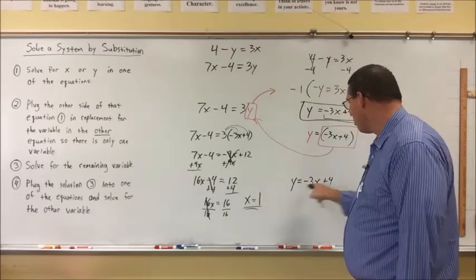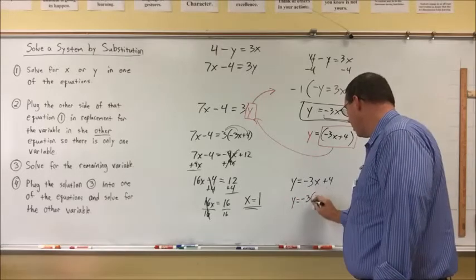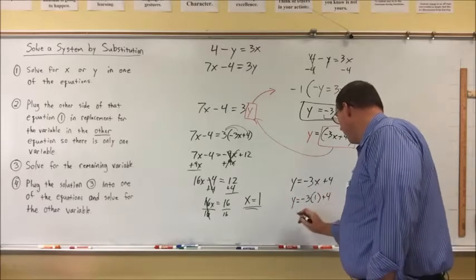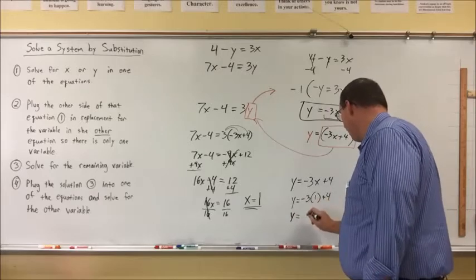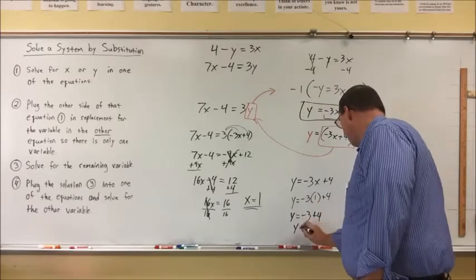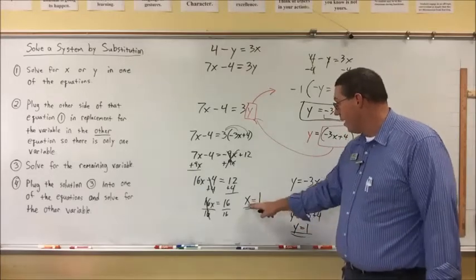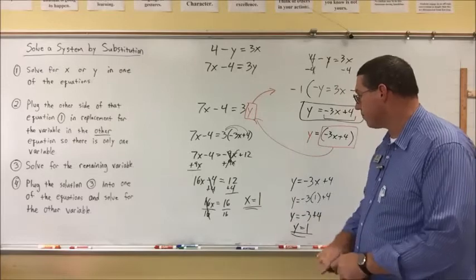Well, I'm going to put this x equals 1 in here. So I'm going to have y equals negative 3 times 1 plus 4. And so y is equal to negative 3 times 1 is negative 3 plus 4. And negative 3 plus 4 is 1. So I have a solution for y. So the answer is x equals 1 and y equals 1.